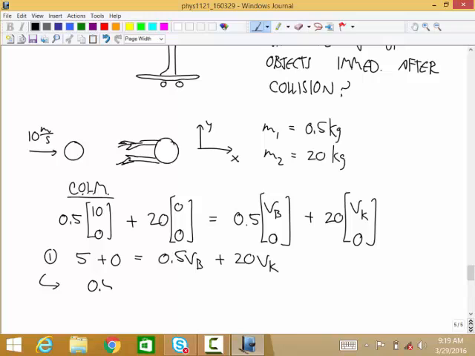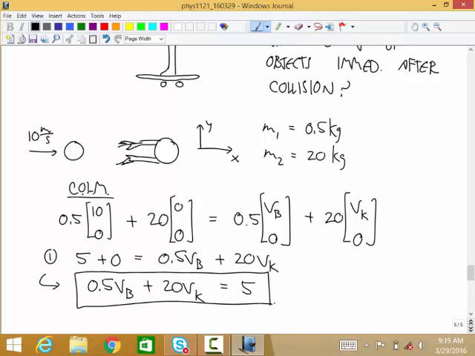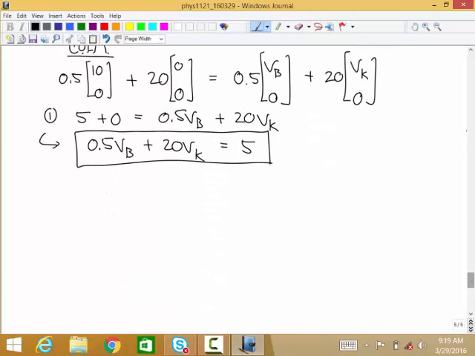Or I'll write it as 0.5 VB plus 20 VK is equal to 5. Okay, so in the inelastic case, we could solve at this point. We had enough equations for the number of variables. This time we don't. We have one equation, two variables. And so we have to go to the other condition that says kinetic energy is conserved.